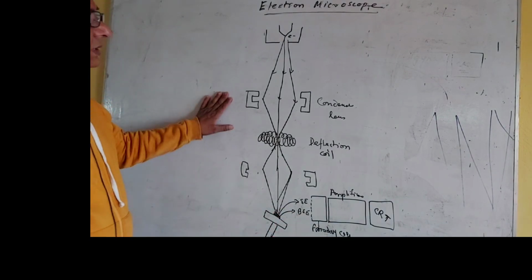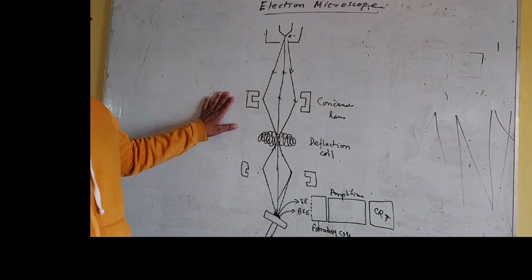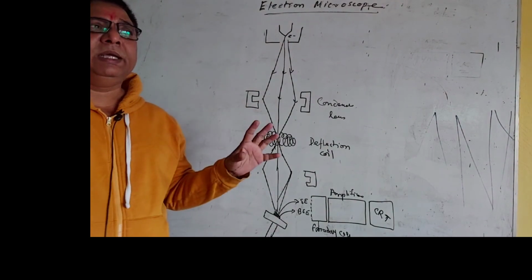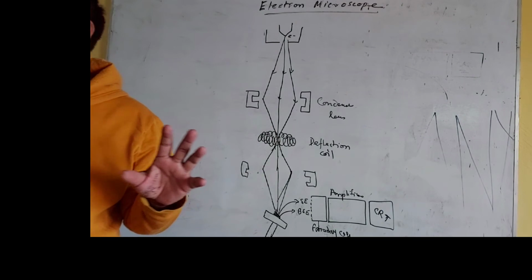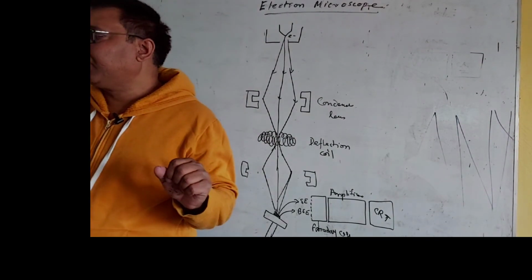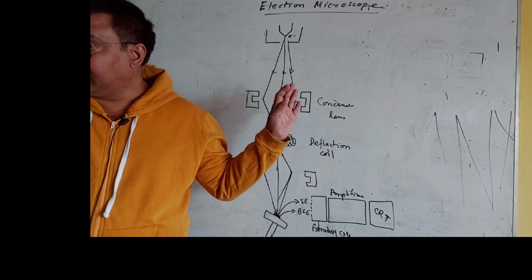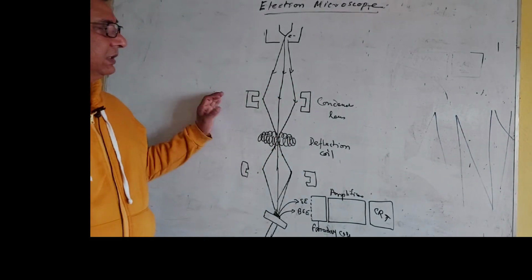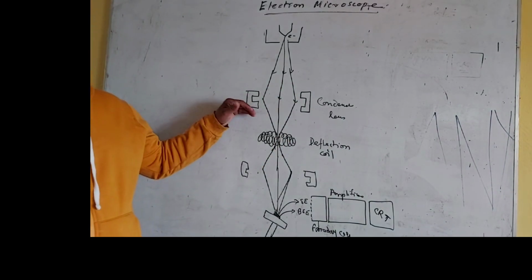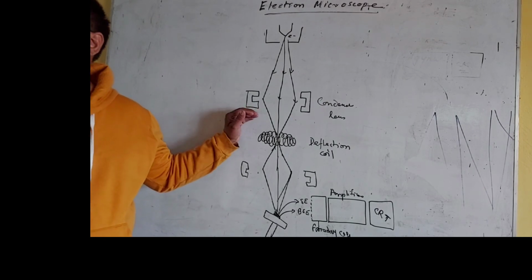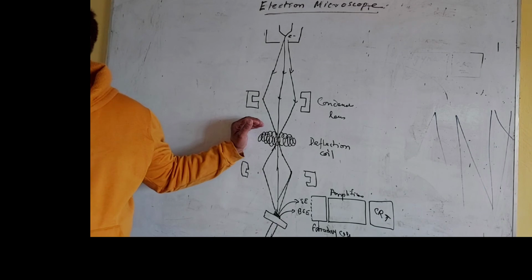So the difference with the light microscope is what? In the light microscope, you are using light as a source of illumination. Here you are using electron beams in place of light. The second thing, in light microscope, you are using glass lenses. Here you are using electromagnetic lenses instead.